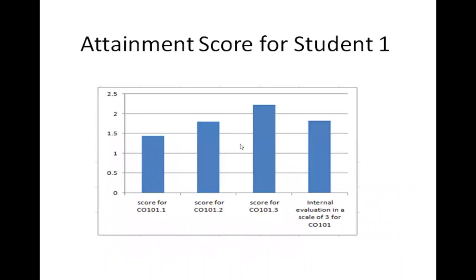Similarly, you can see the attainment values for each student also for each course outcome. Score for course outcome 1, course outcome 2, course outcome 3. Internal evaluation on a scale of 3 for course outcome 1 for the student 1.